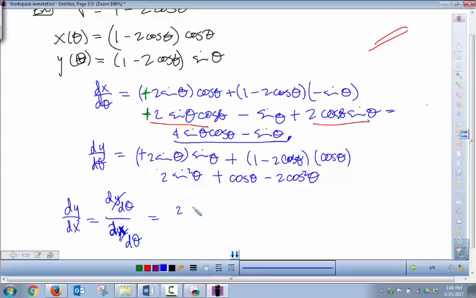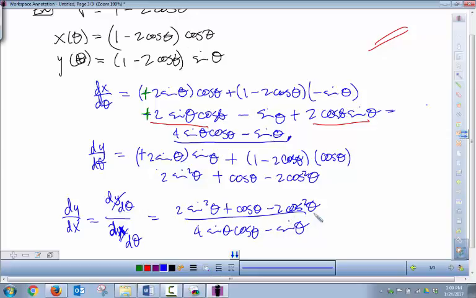So I have 2 sine squared theta plus cosine theta minus 2 cosine squared theta, divided by 4 sine theta cosine theta minus sine theta.